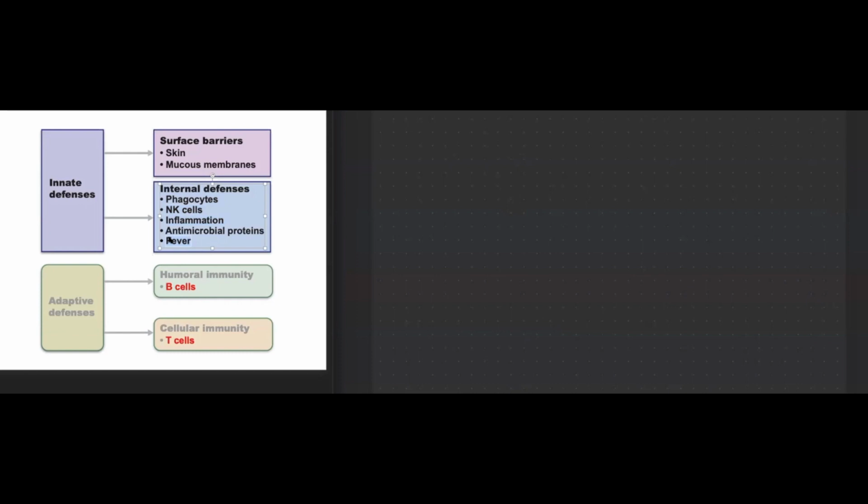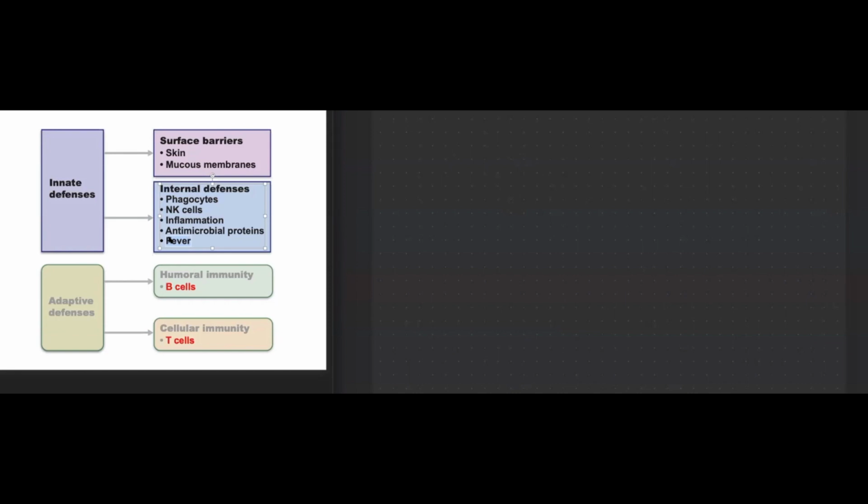I can have a streptococcal infection and I will have fever. I can have flu and I will develop fever. I can have corona and I will develop fever. So it's not specific.